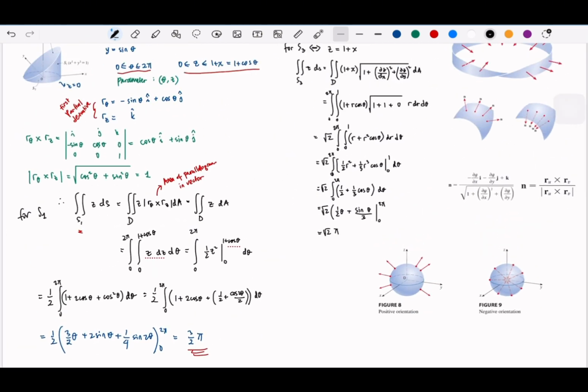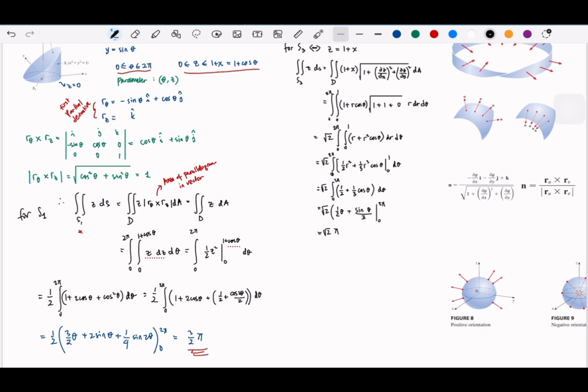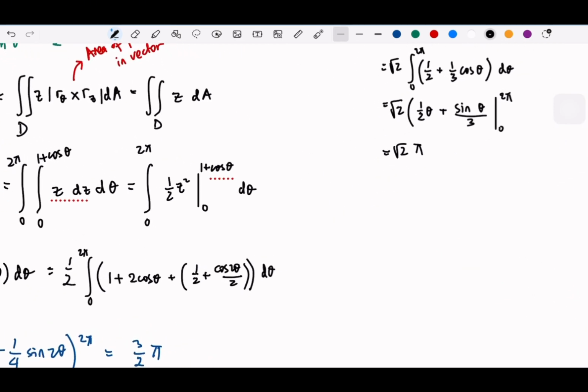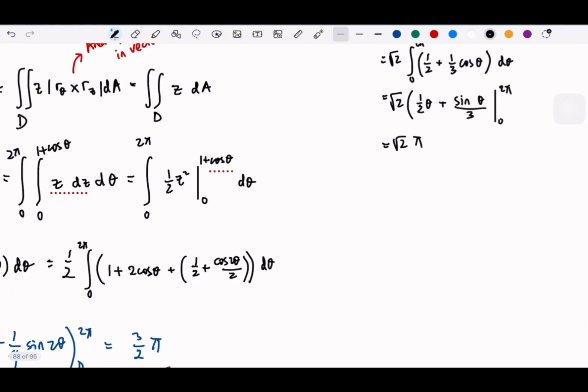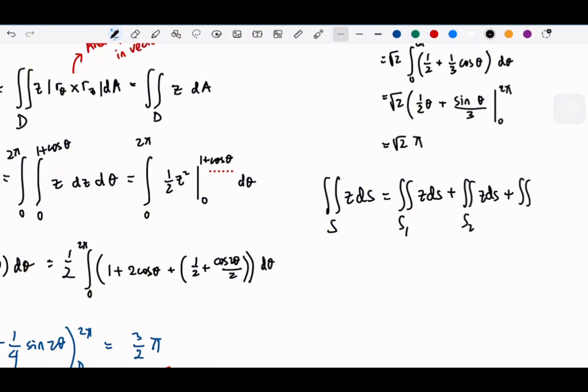So the final result will be the total expressions for the S1, S2, and S3. So this double integral of the surface with respect to S will be surface S1 plus surface S2 plus surface S3.